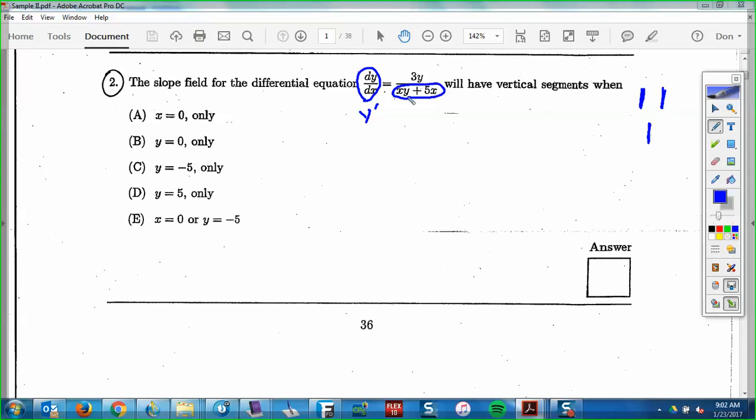When that is 0, right? So when xy plus 5x equals 0, right? So how do we solve that? No. How do we just solve this equation? Well, no, not that, because then we get into dividing, and that'd be no good. How would you solve this equation?